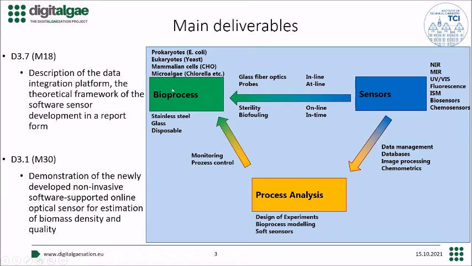So we are, I think, quite able to cope with all these problems. And also we have a bioinformatics group that supports us in the project for the design of experiments, for example, and for the bioprocess modeling and the machine learning algorithms we want to apply for the results and for the findings of the project.